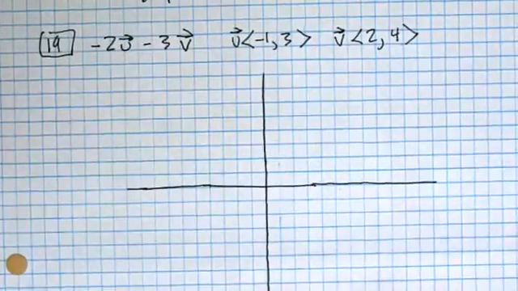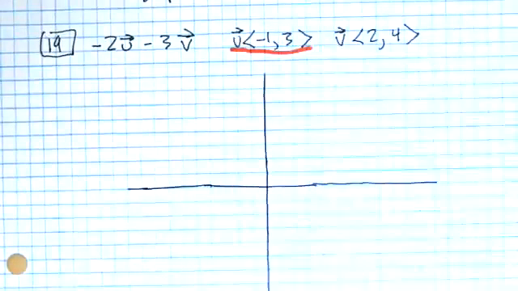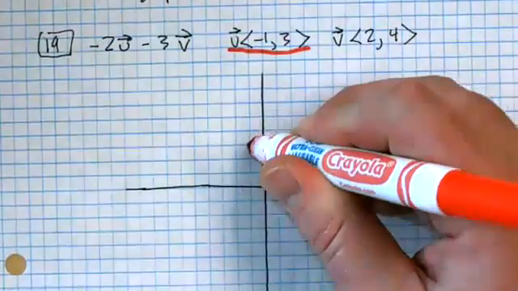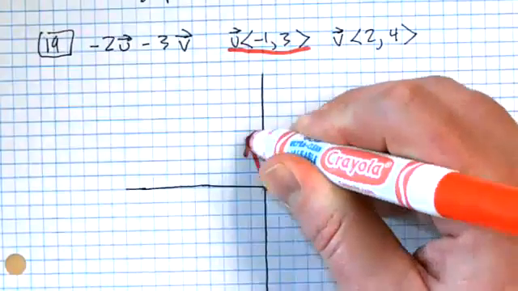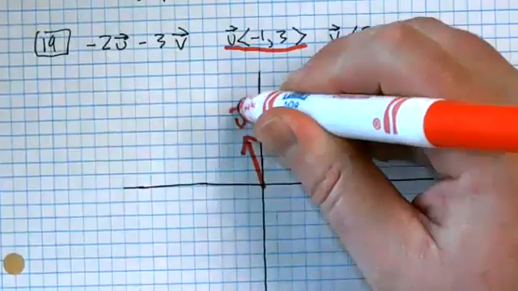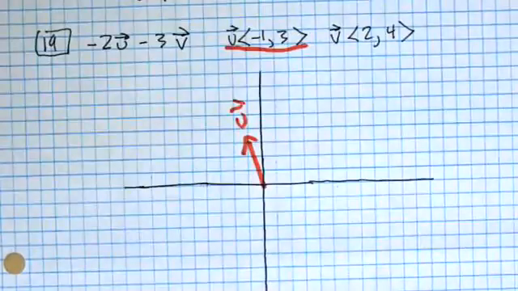So I'm going to do u in red. So negative 1, 3. Put a little u on there. This could end up getting kind of messy, guys, but that's all right. We're tough.